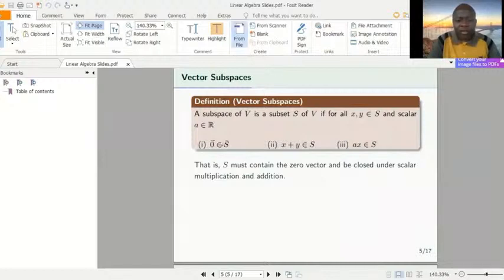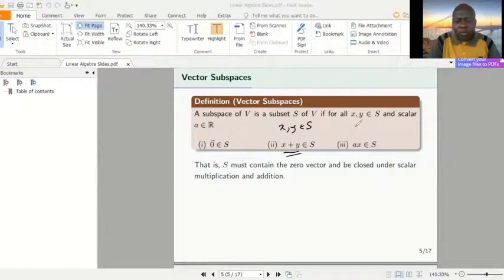The first condition is that S must contain the zero vector, and that if I pick any two vectors from the subset S, let me say I pick the vectors x and y, their sum must be in S. That means S must be closed under addition.